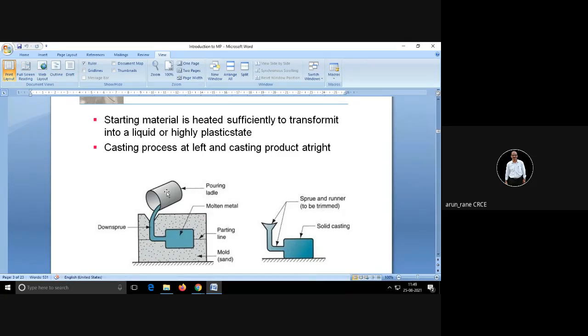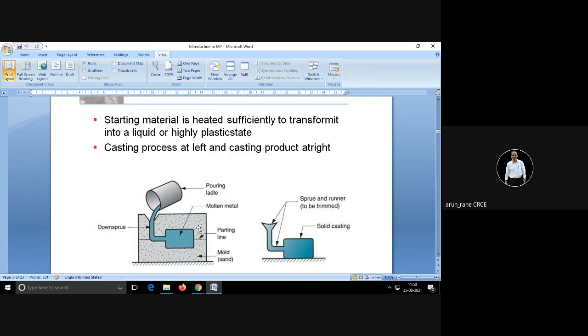The cupola is a big furnace. From that furnace the metal is collected in a ladle. Ladle is nothing but a metal drum, right? And then this ladle is used for pouring the metal in a mold, and this mold is made up of sand.